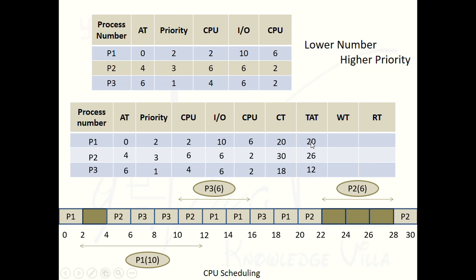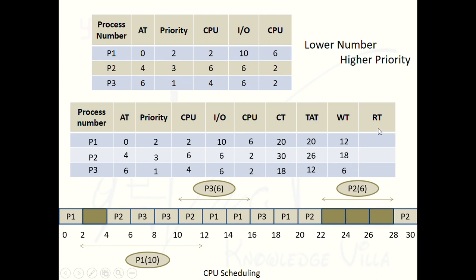So 20 minus 8 would be 12. It is the waiting time for process P1. Again for process P2, turnaround time is 26 and burst time is 6 plus 2, 8. So 26 minus 8 is equal to 18. For process P3, burst time is 4 plus 2, 6, and turnaround time is 12. So 12 minus 6 is equal to 6. That is the waiting time for process P3.